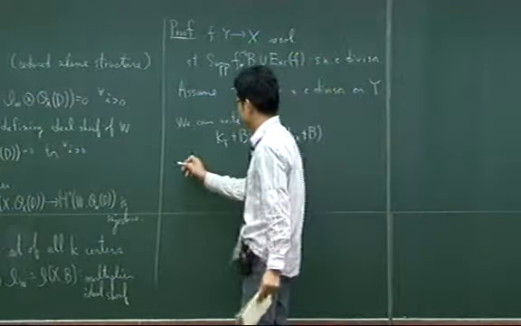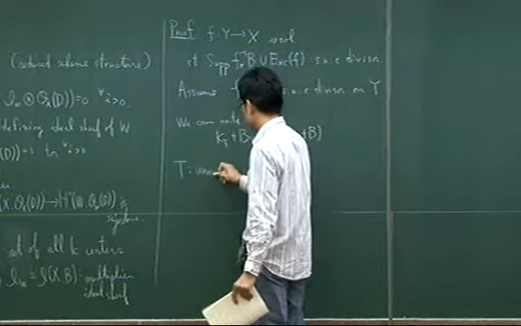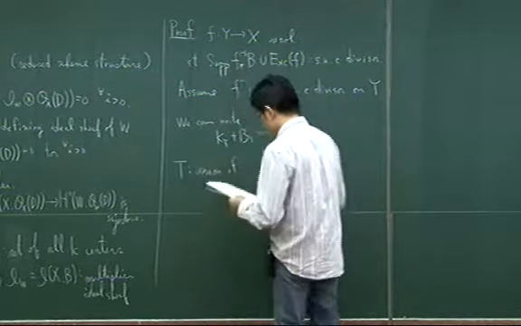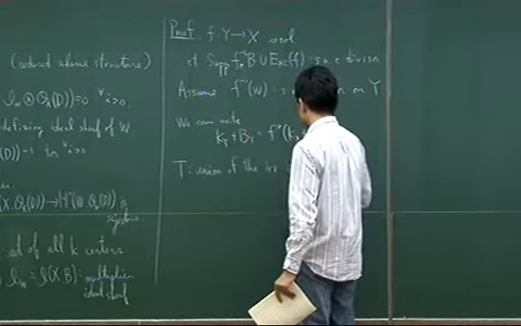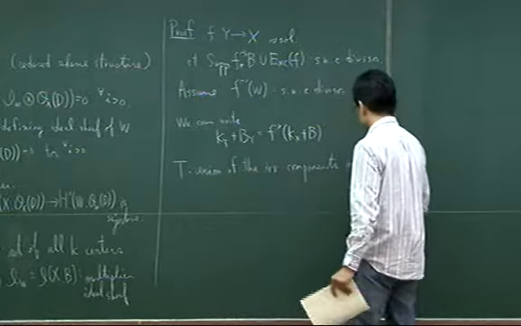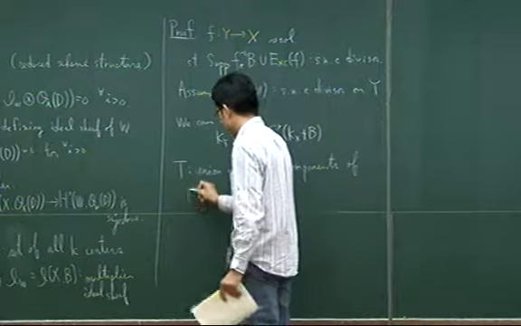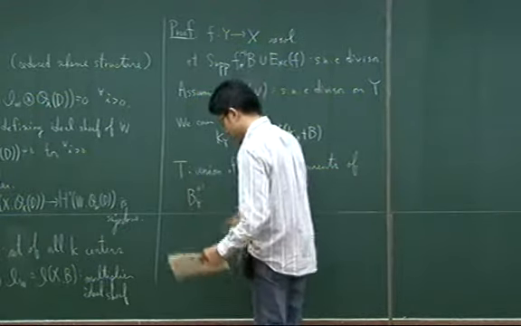And let T be a union of the irreducible components of B_Y with coefficient 1. I explain this notation later.